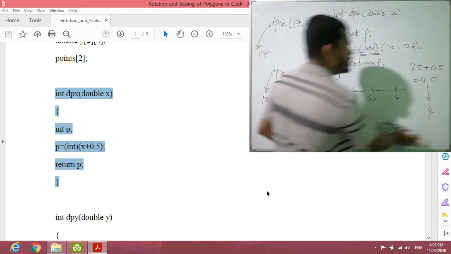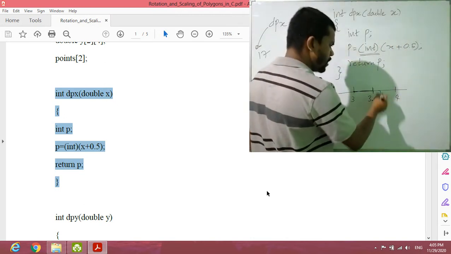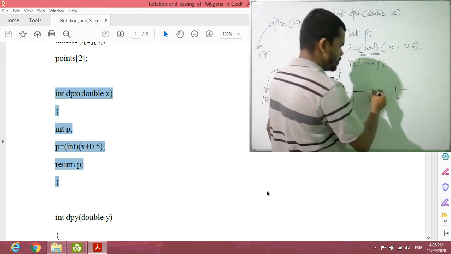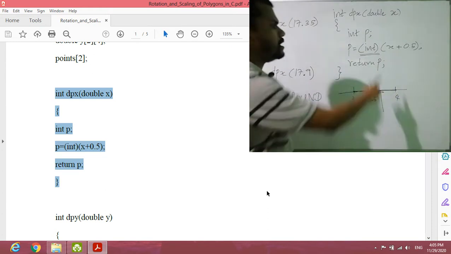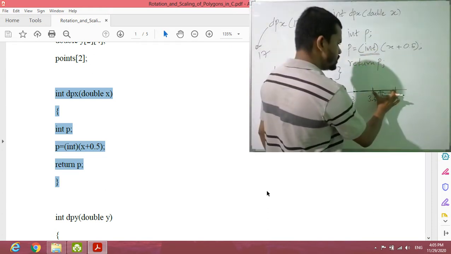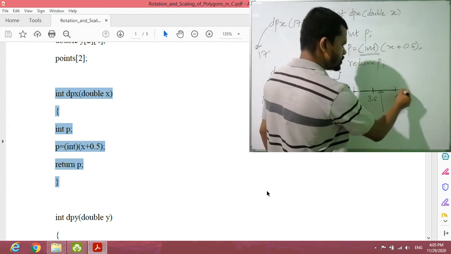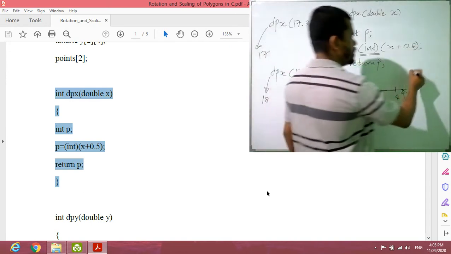Now the logic again. If you put some number somewhere here, and then add 0.5 to this number, you get a number somewhere here. So 4 point something you will get.